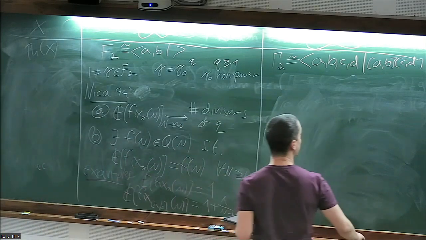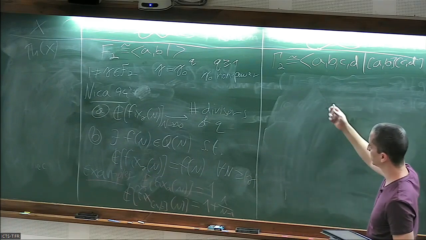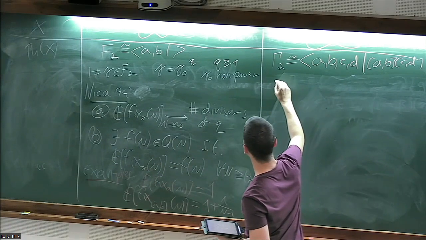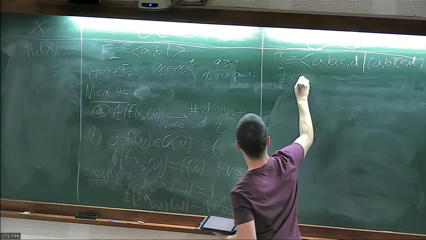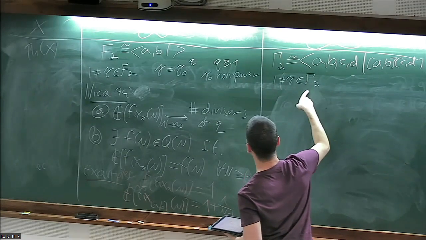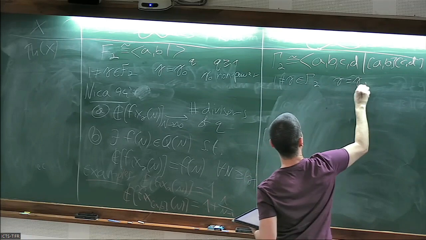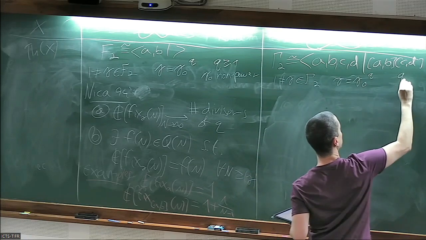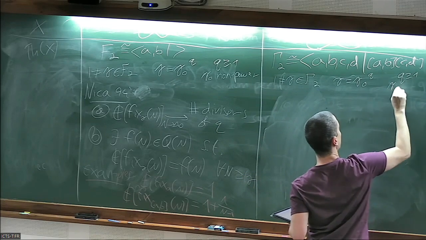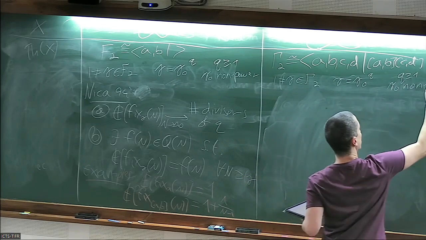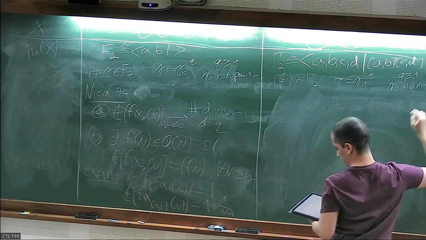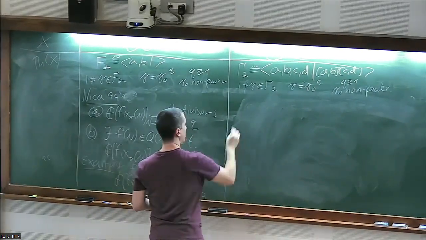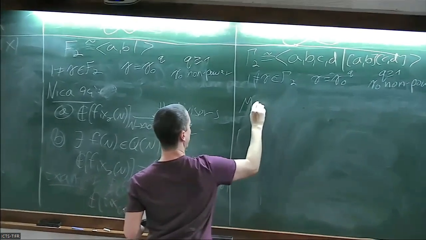Now what happens for surface groups? Here, let's take again an element of the surface group. Again, I want to write it as a power of a non-power. And this is the result of Michael and myself.